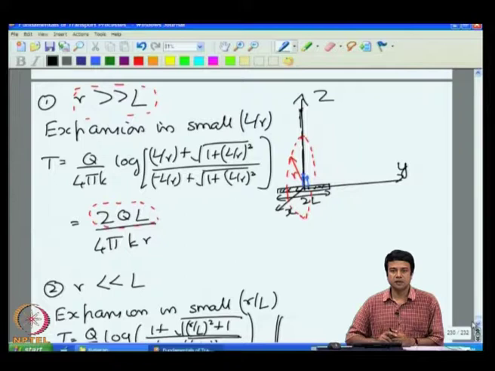The only thing that determines the temperature far away is the total amount of heat generated. The source was q per unit length per unit time. The length of this wire was 2L, therefore, the total heat generated per unit time is 2QL. So, the temperature is 2QL by 4 pi K r. This happens when the distance from the source is large compared to the length of the source itself.